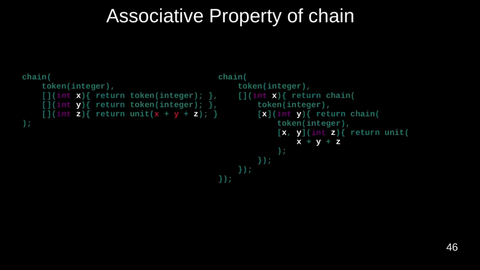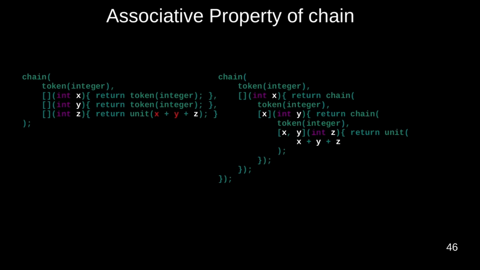I actually want to stay a little bit on this chain function problem, because it's very important. Here's another example. Suppose you want to parse 3 integers with white space. So you just want to apply token integer 3 times, and then add them up. So that seems straightforward to write like the left version.